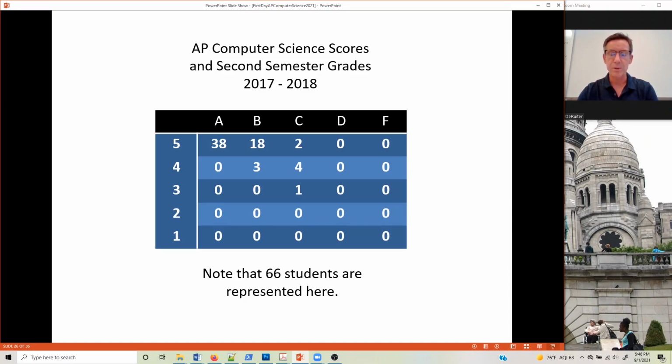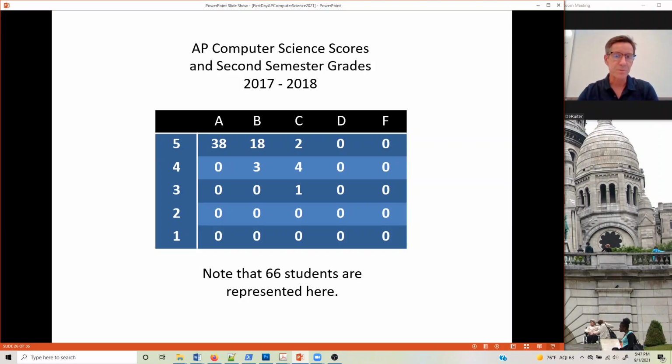Students and parents typically want to know a little bit about grades. This is from a couple of years ago, but we've had a couple of years that were a little atypical, so I'm going back a couple of years to look at semester grades and also AP scores. I have about 66 students currently in my two APCSA classes, so this is a good comparison, I feel.